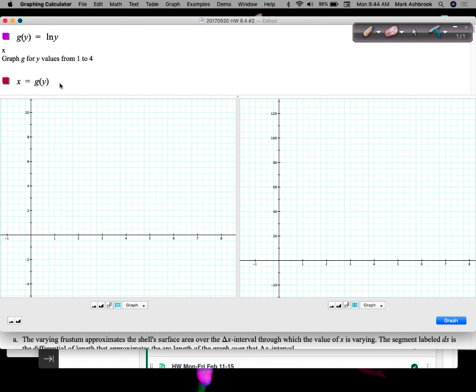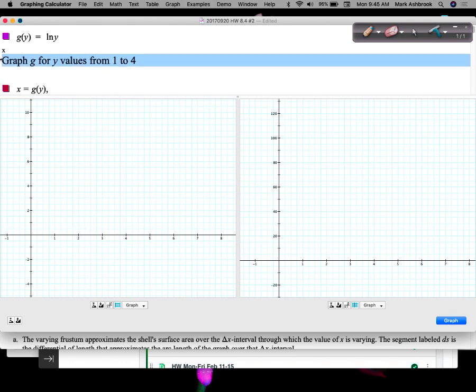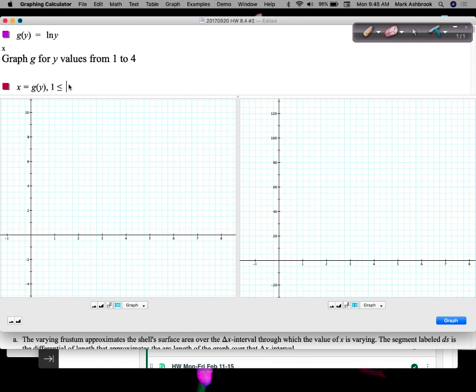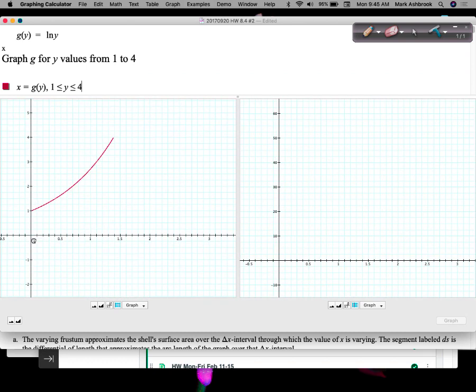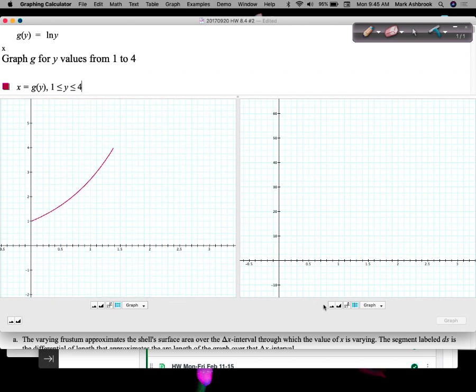Then I want it from 1 to 4, so I only want y values from 1 to 4. So I should write 1 less than or equal to y less than or equal to 4. Okay, and there it is.